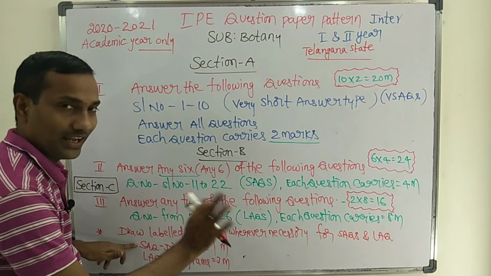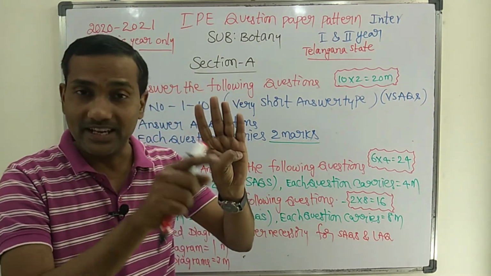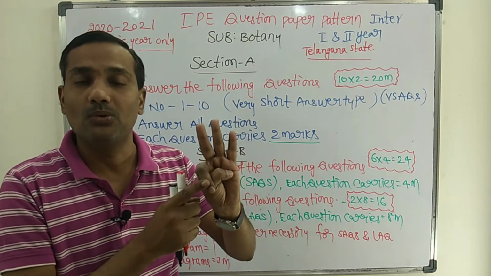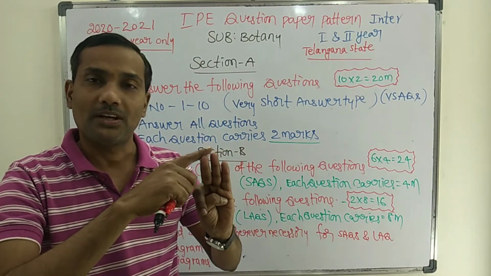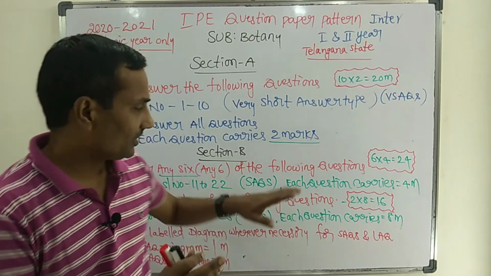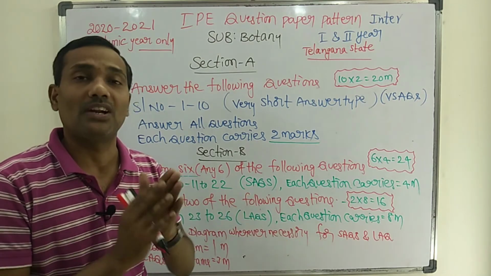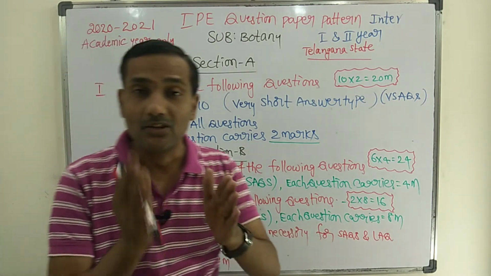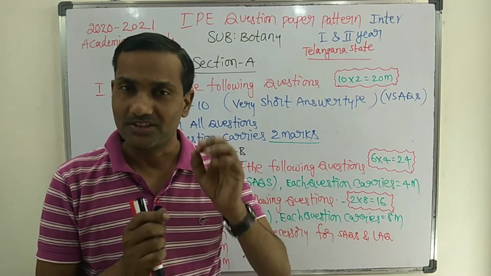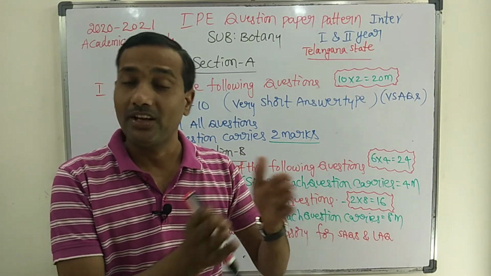I am talking about diagrams. For a 4 mark question, if a diagram is there, the diagram carries only 1 mark, and the remaining 3 marks are for description. For short answer questions, wherever a relevant diagram is there, you have to draw a labeled diagram.